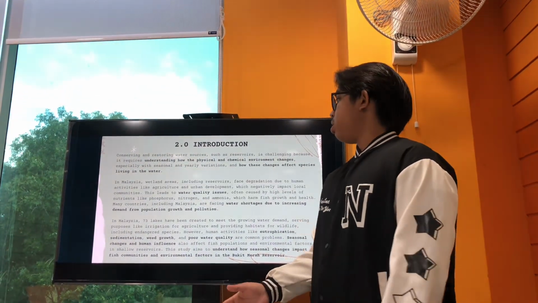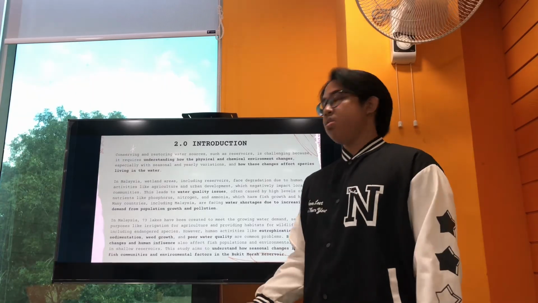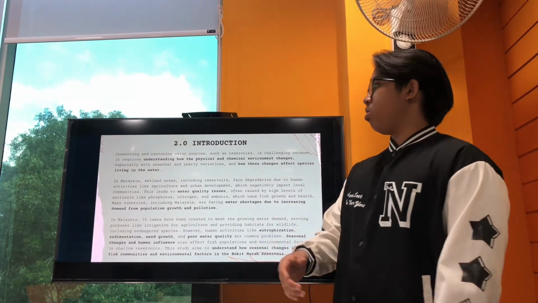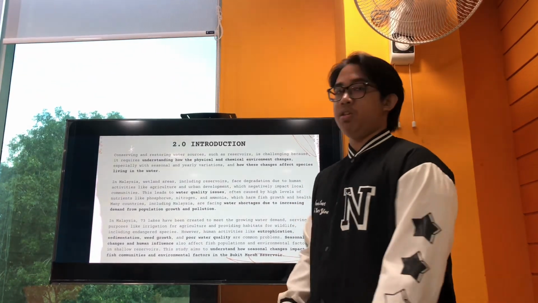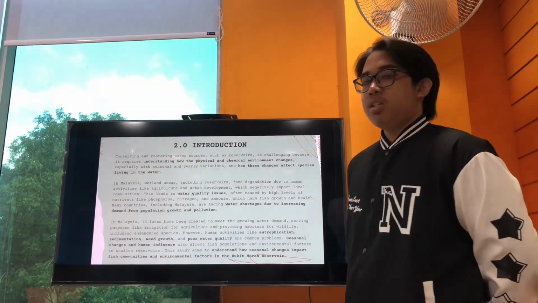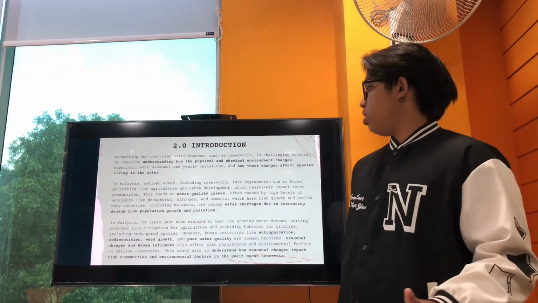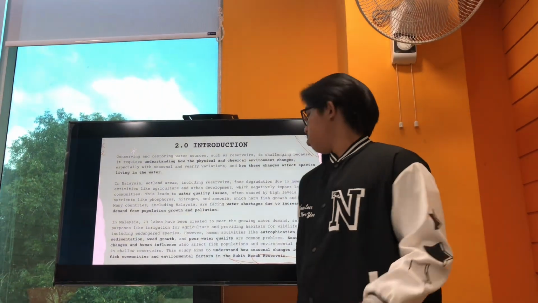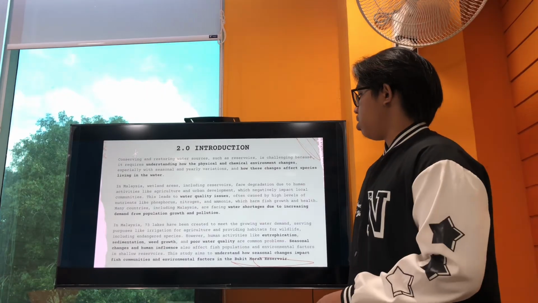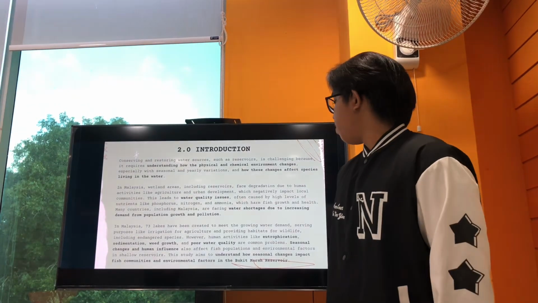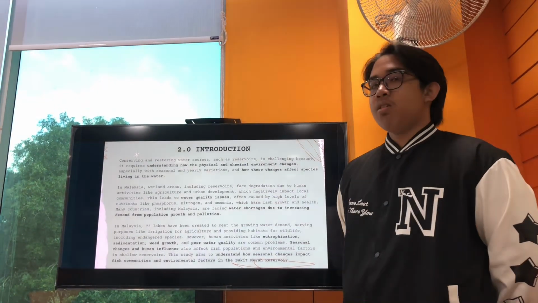Many countries, including Malaysia, are facing water shortage due to increasing demand from population growth and pollution. In Malaysia, 73 lakes have been created to meet the growing water demands, serving purposes like irrigation for agriculture and providing habitats for wildlife, including endangered species.